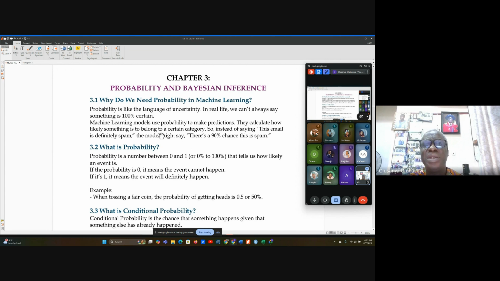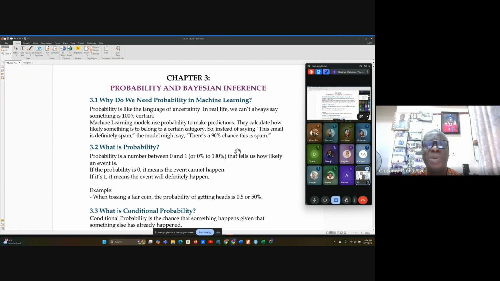So machine learning models use probability to make predictions, to make decisions, to be able to classify whether an email is spam or not spam, and it is used in other aspects of natural language processing.